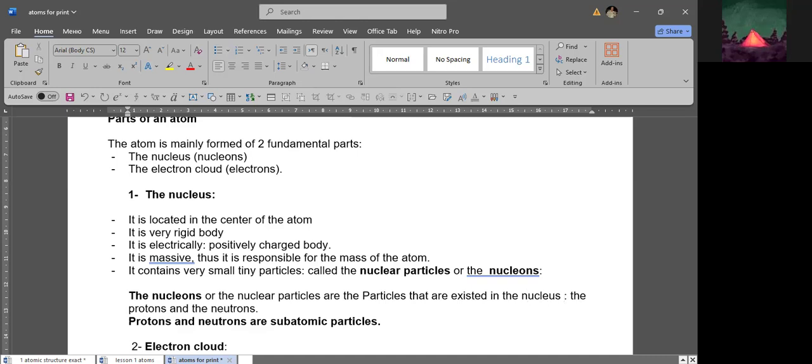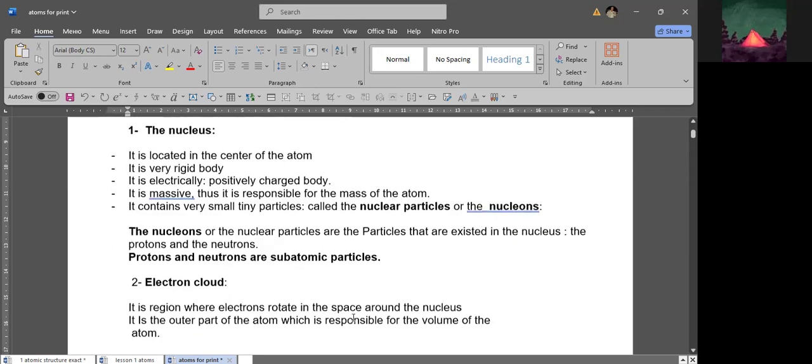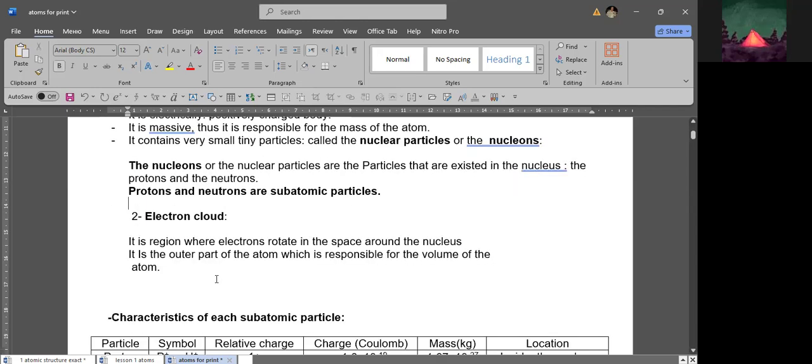They are the protons and the neutrons. Protons and neutrons, we call them subatomic particles, الأجزاء تبع الذرة.